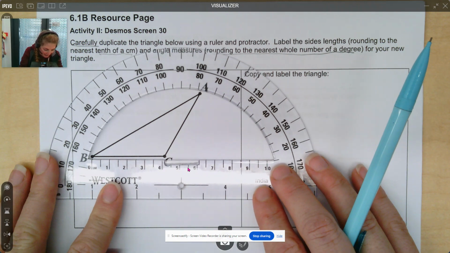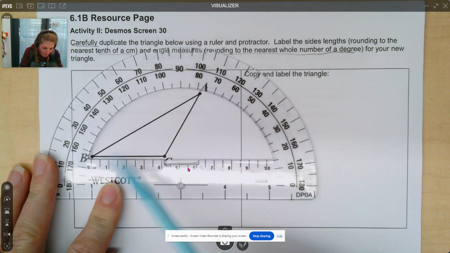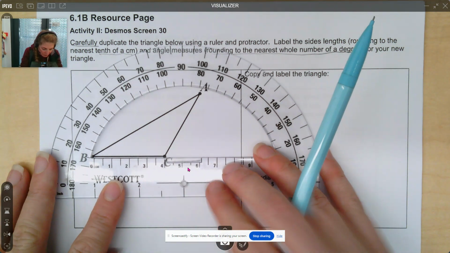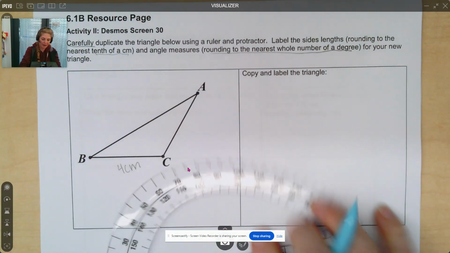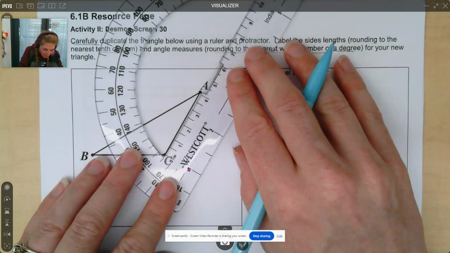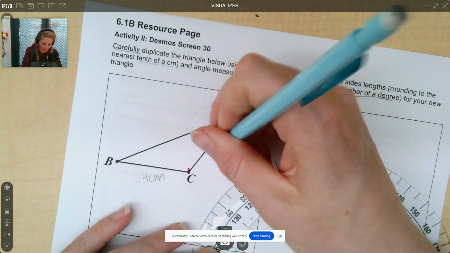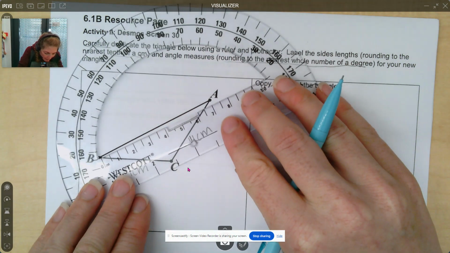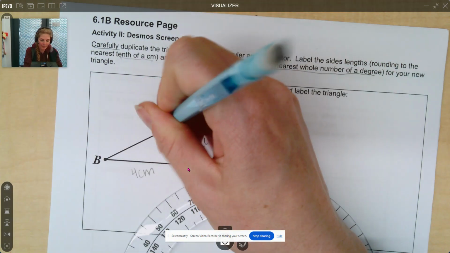Going to the nearest tenth, from the end of the point to the end of this point it's a little more than 4, but if we measure right in between, I'm just going to call this 4 centimeters. AC looks to be also 4 centimeters, and AB looks to be 7 centimeters.